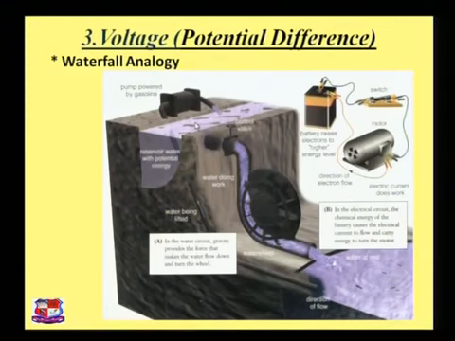The water forcefully comes down to the lower part. So the upper part has higher potential energy with respect to the lower. These are the two points, point A and point B. So the potential difference is the difference between point A and point B, and the same thing happens in the electrical circuit.